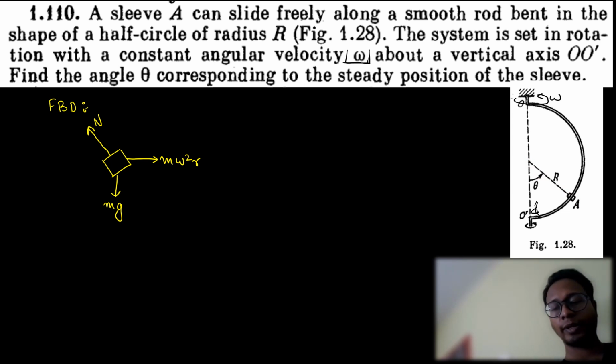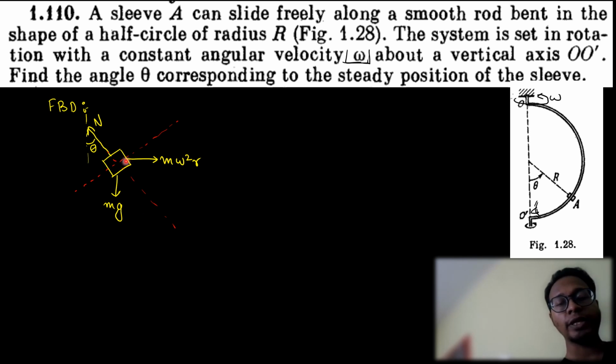Now I have to find out this angle theta. I have to take the components of forces tangential to the normal and along the normal. When this ring is in equilibrium, it is neither moving in this direction nor in this direction.